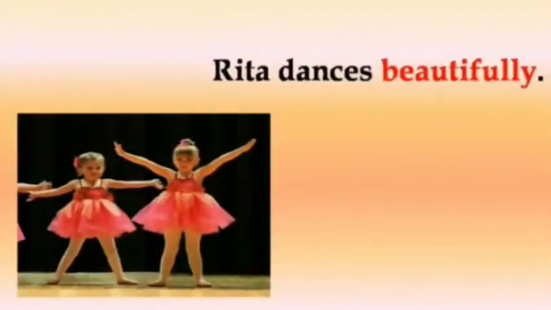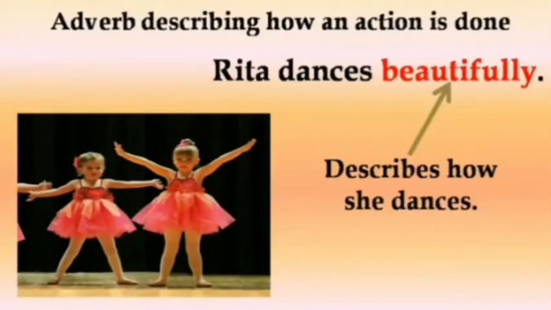Most of the time we use adverb to modify verbs. To be more specific, adverbs describe something about an action like its place, time or manner, etc. Like Rita dances beautifully. How does she dance? Beautifully. So it is an adverb which is adding extra meaning to a verb. That is, it is modifying a verb.